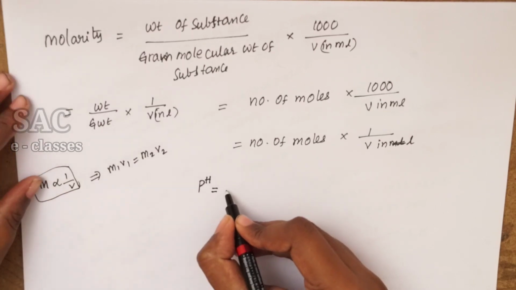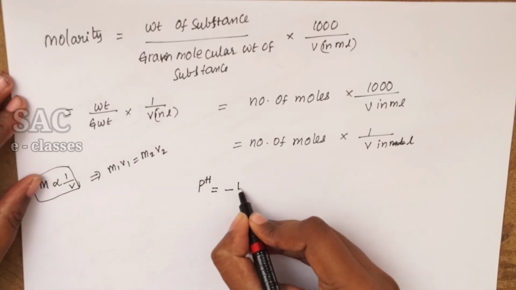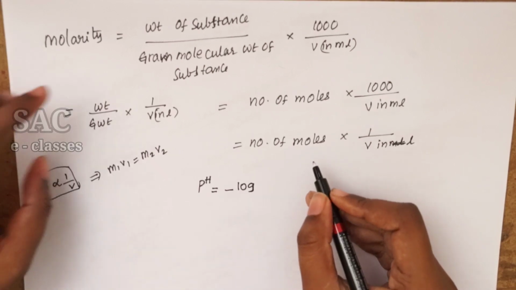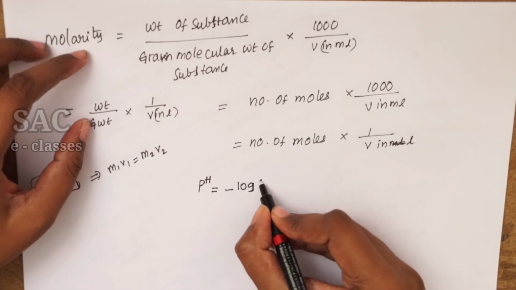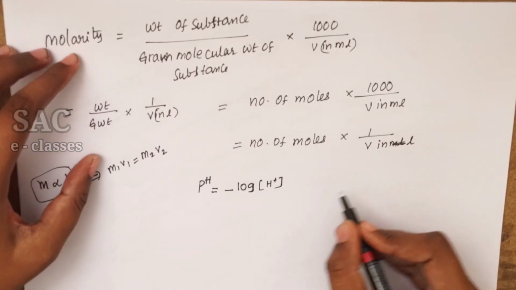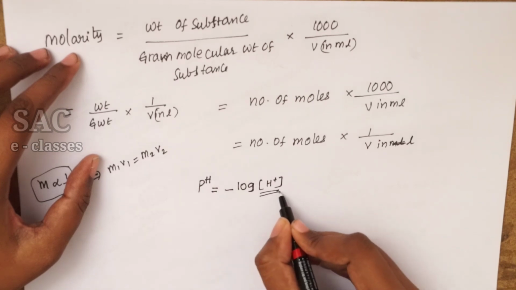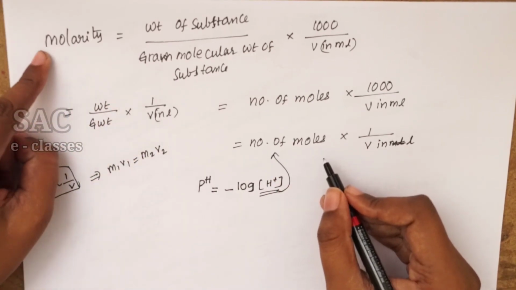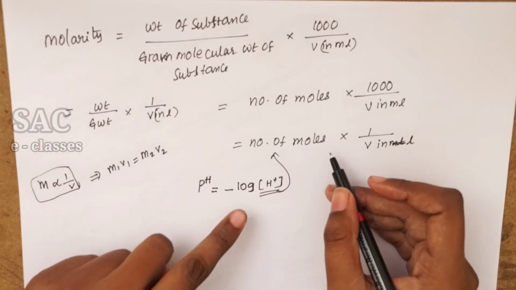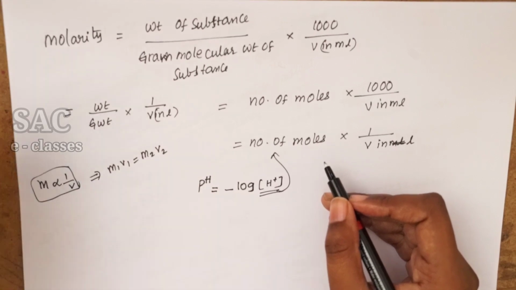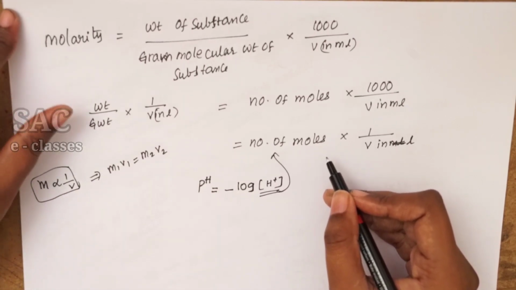any solution. The mathematical formula of pH is the negative logarithm of the H plus ion concentration. This H plus ion concentration is nothing but the molarity. If you know the molarity of any acid or base, you can calculate the pH of that particular solution.